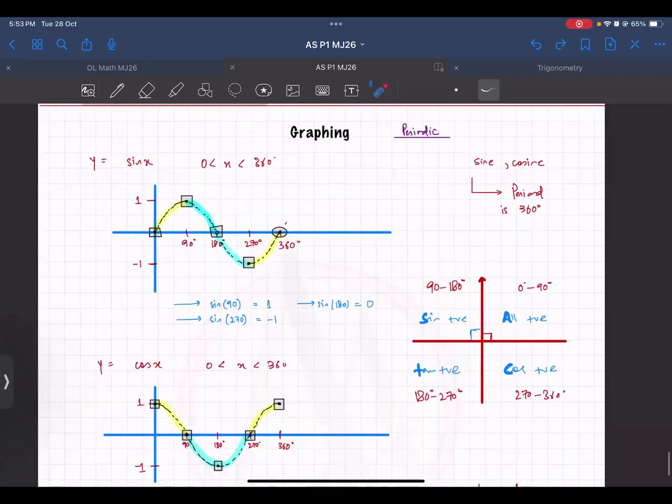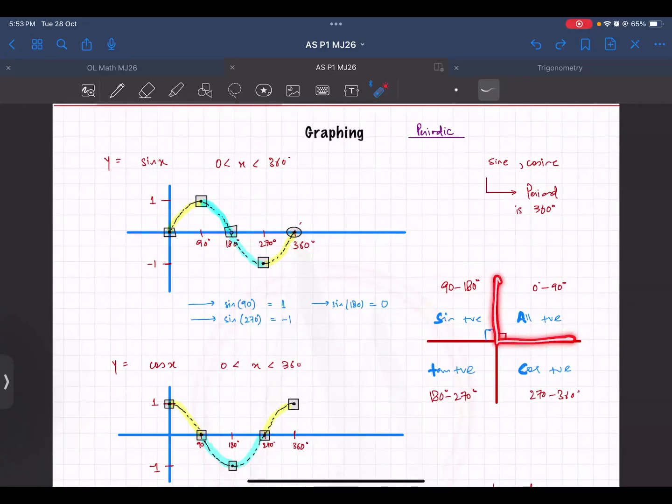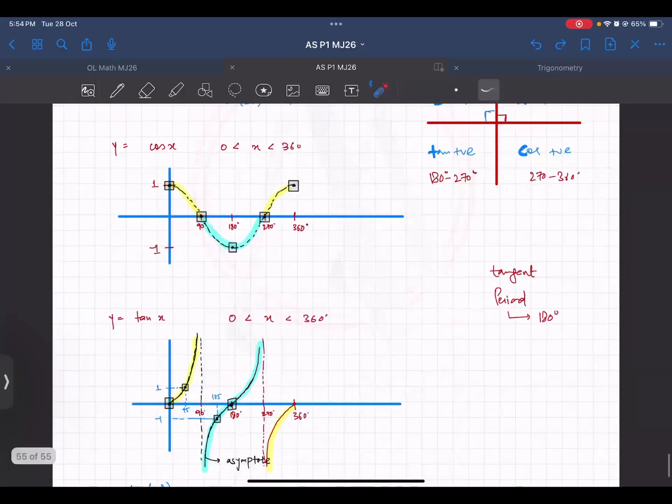You can see in the first quadrant we know that all values of the trigonometric ratios are positive. In the first quadrant the angle ranges from 0 till 90 degrees. From 0 till 90, the graph of sine is positive, the graph of cos is also positive, and the graph of tan is also positive.